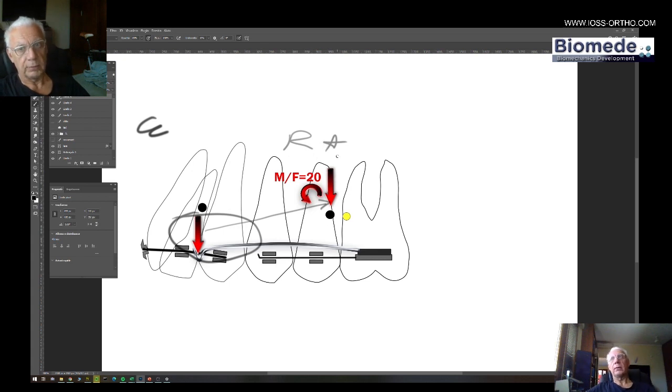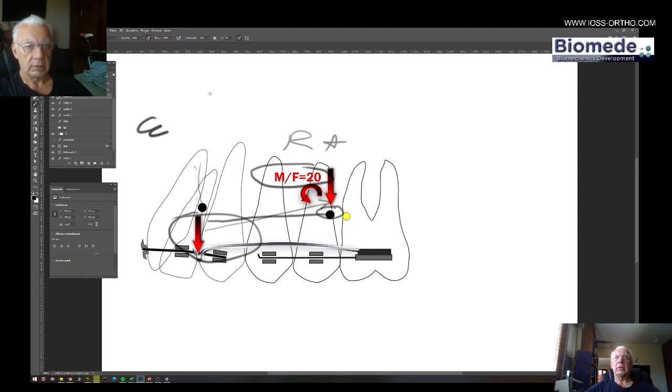What we know is that at the CR here, we will have this force and this moment of force of 20. This moment of force is given by the distance between the line of action of the force here and the CR itself. So it's a rather high moment of force ratio.